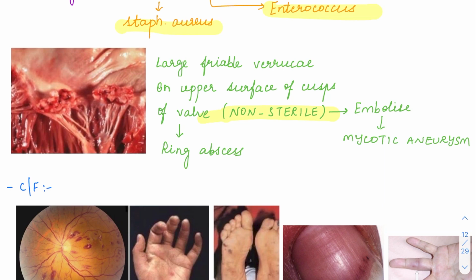There it is going to result in mycotic aneurysms and ring abscesses or any abscesses wherever it gets deposited. Then the location of this verrucae in the valve itself will be on the upper surface of the cusps. There we drew that it was on the lines of closure, right? Here, it will be present on the upper surface of the valves.